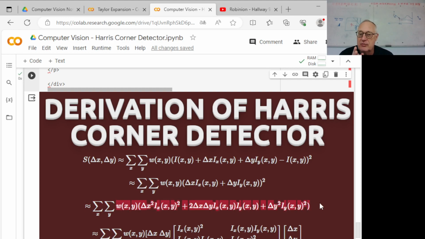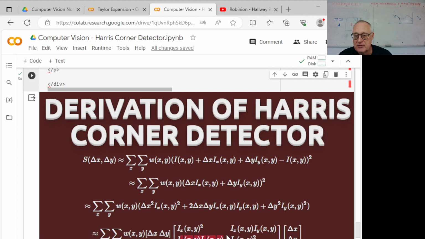But now mathematicians like to come up with more and more concise representations. So we can take out the delta x, delta y and convert this one equation into a matrix equation, having Ix, which is the square of the first derivative in x, the square of the first derivative in y, and then this cross term, first in x, then in y, and that's the same as here.